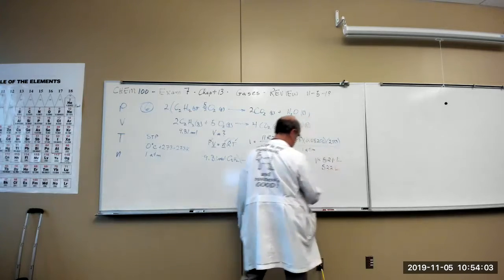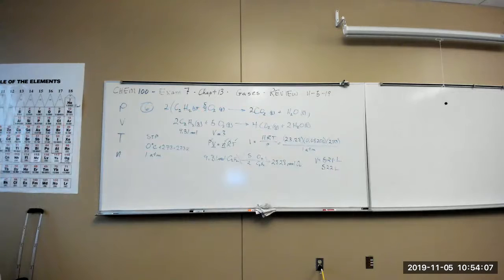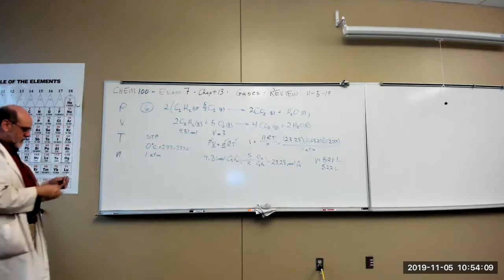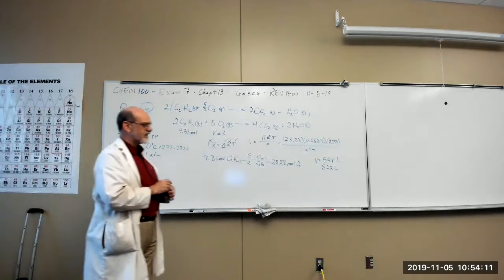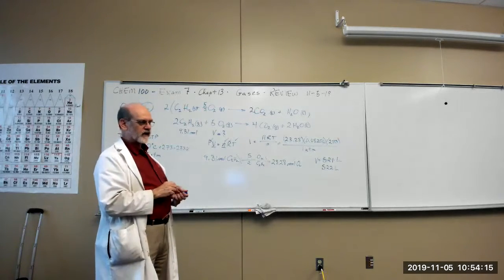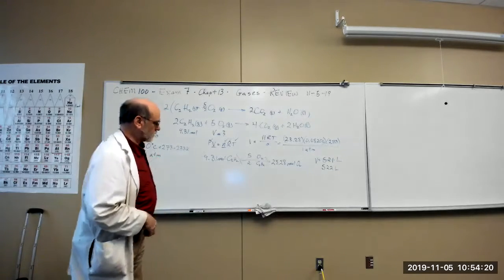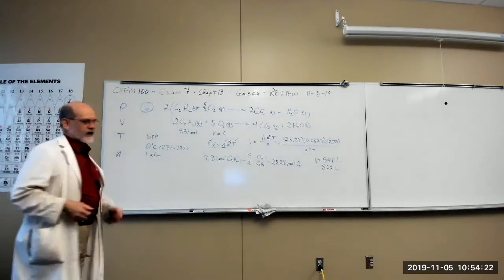Right. So that's what you would look for. Just a reminder, in a multiple choice test, if you can't find the exact answer you calculated, pick the best answer. Okay, that was number 6.